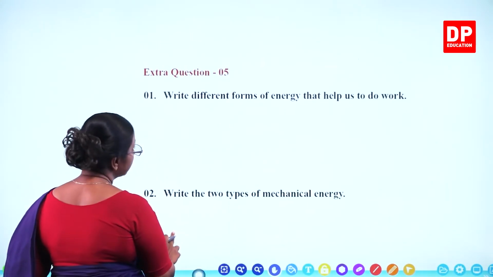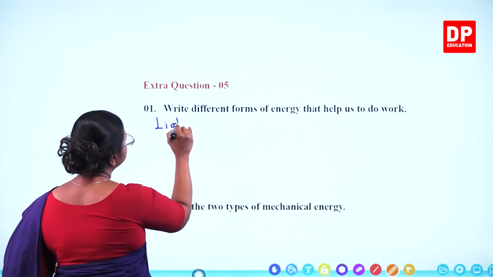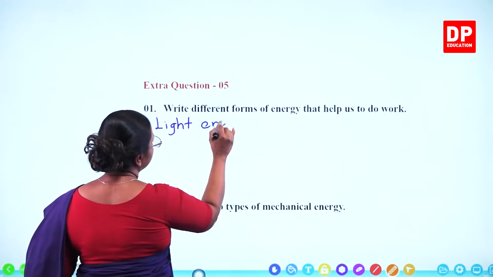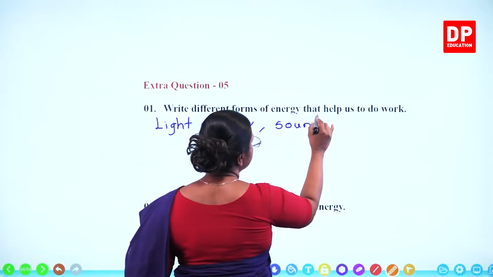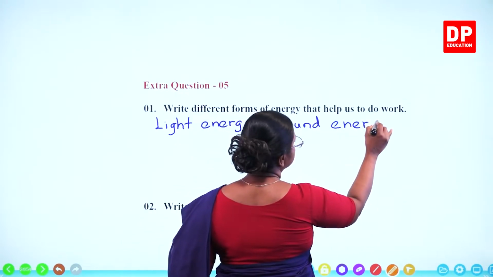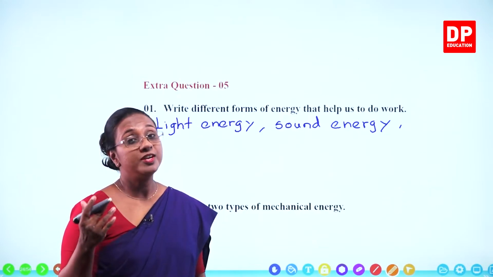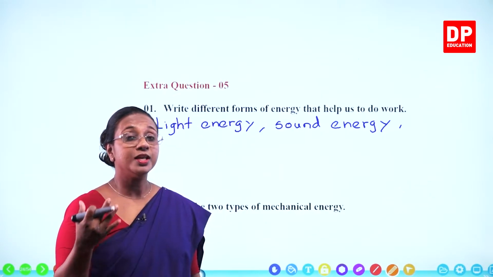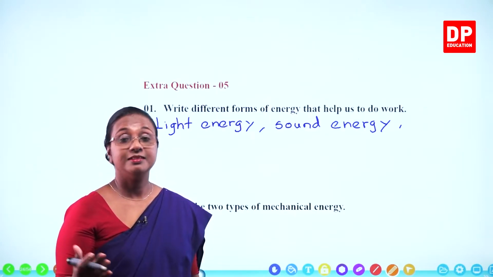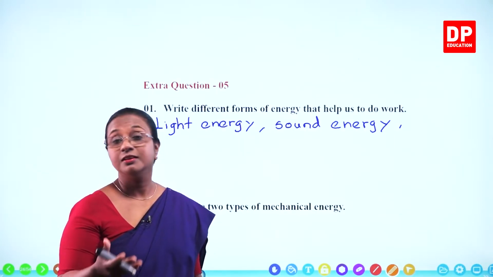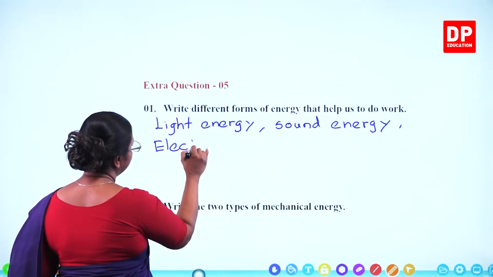So 2 forms: light energy, sound energy. You are learning online, so obviously you are using a mobile phone, computer, or laptop. That needs electricity. Then what is the energy related to that? Electric energy.